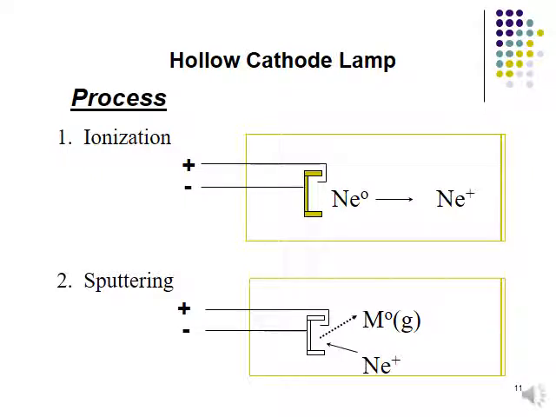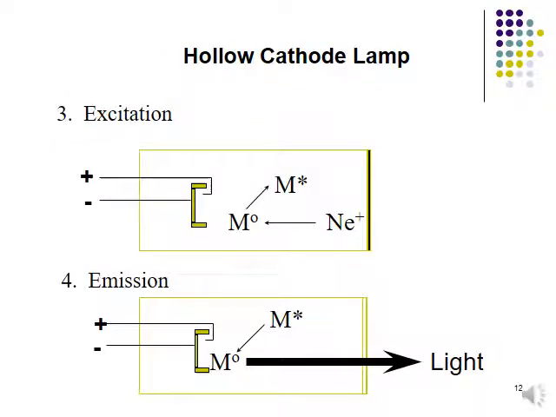In this process, the positive neon ions go to the cathode, and then the metal goes out to enter the gas phase.